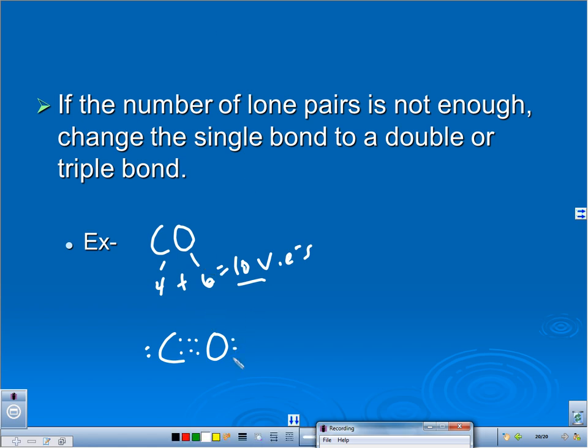Put this other set on the other side. That gives me 10 total valence electrons. Carbon has its 8, oxygen has its 8, and that's the correct Lewis structure for carbon monoxide. So that is a possibility, and you just need to change into double or triple bonds depending on what works.